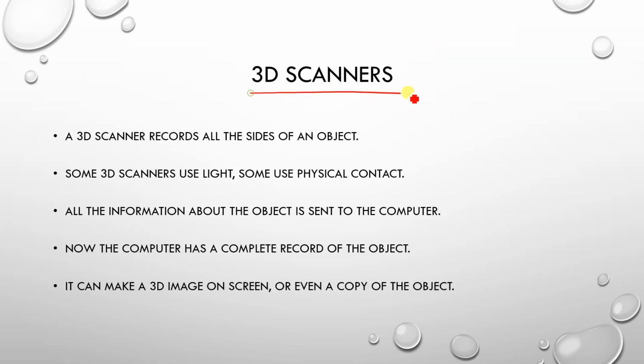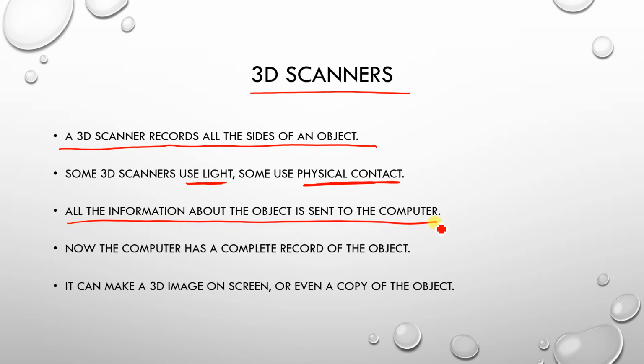Okay, 3D scanners. Now, a 3D scanner records all sides of an object. They can use light, but sometimes they might use physical contact to feel the object and scan the actual physical touch into the computer. All of the information about the object is sent to the computer, and then the computer can rebuild the object inside the computer and build a 3D model of what it is you've scanned.